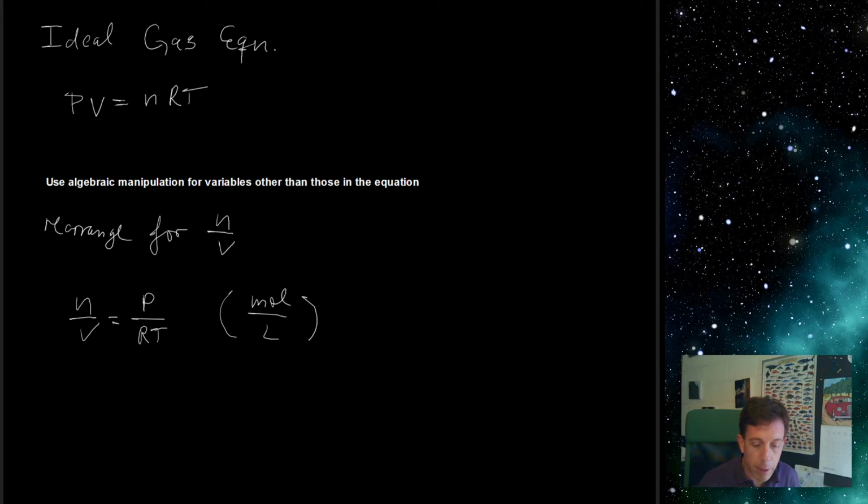Likewise, knowing that if we know the number of moles, we can find the mass of a substance, again knowing that the mass of a substance is the molar mass times the number of moles that we have.